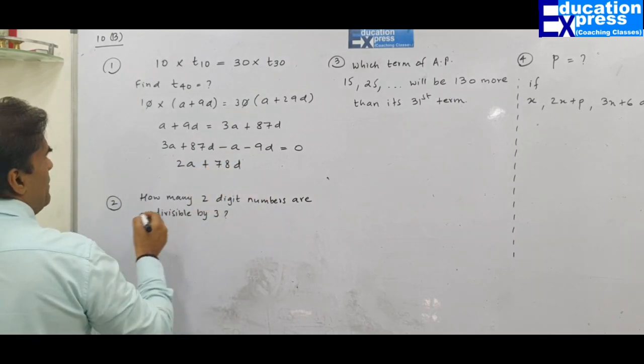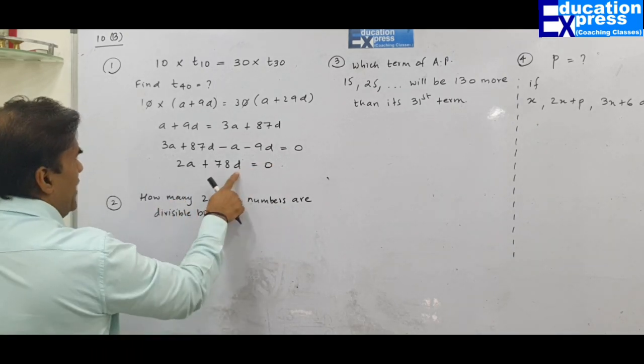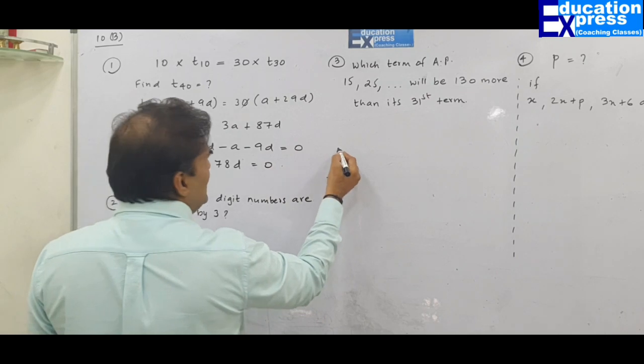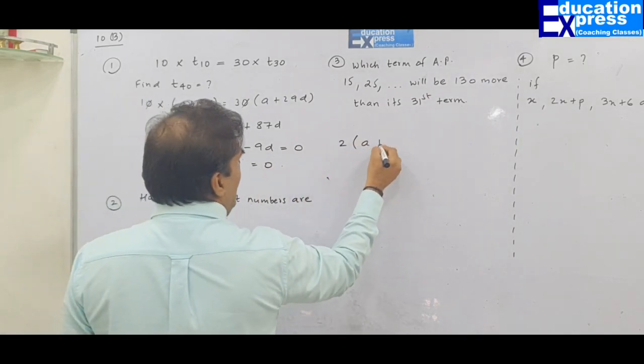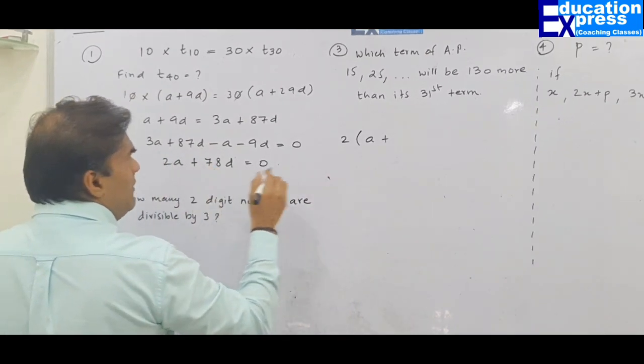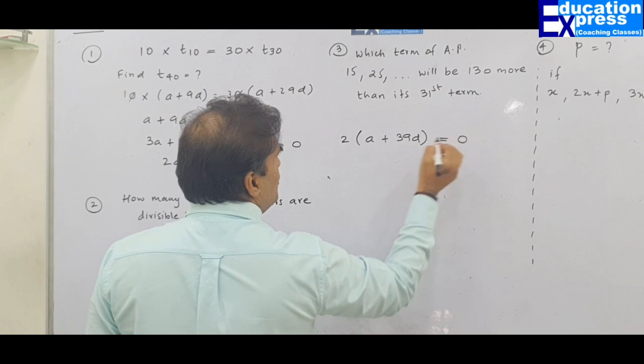My dear friends, please pay attention to what I am going to do from here. Can I take 2 common outside? Yes, sir. So this is 2 common outside. What remains? A plus 39D. A plus 39D is equal to 0.